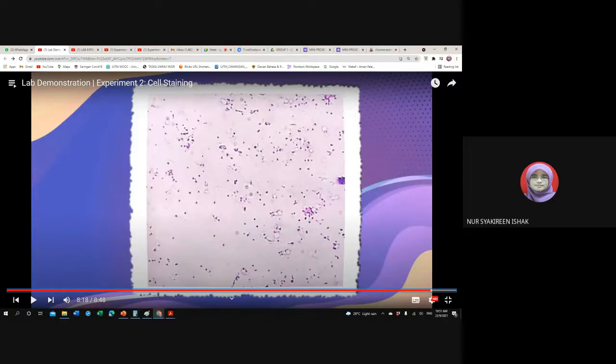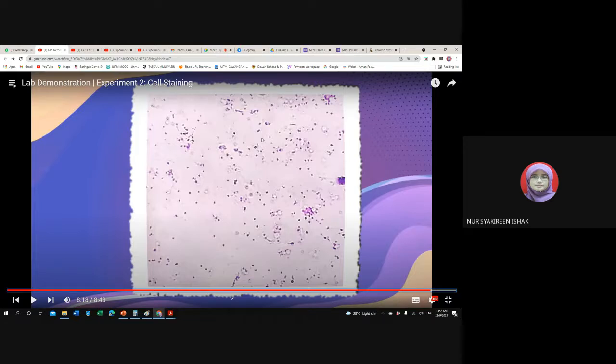So this is bacterial cell. I'm not sure what is the source of this bacterial cell. Selalunya kalau untuk dalam eksperimen, kita akan guna daripada yogurt lah. Tapi ini source dia saya tak sure. Tapi Madam Liza tadi kata bentuk dia spherical.